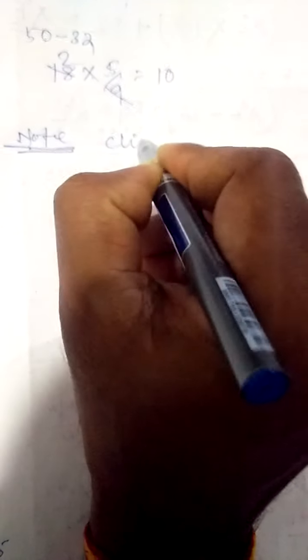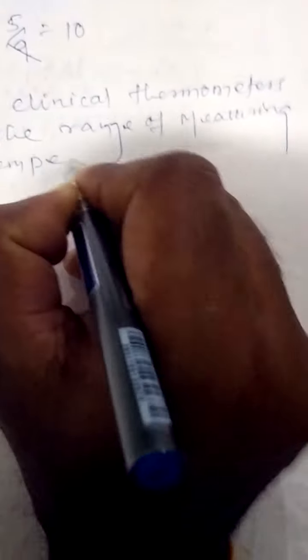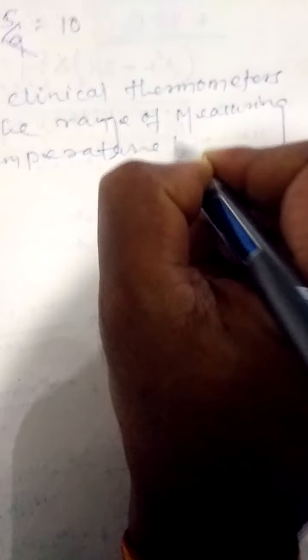One more point we can note: in clinical thermometers the range of measuring temperature is 35 degrees Celsius to 42 degrees Celsius.